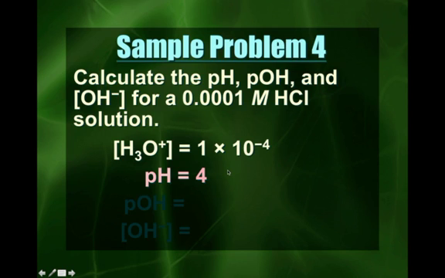Okay, so I found the pH. Now I can go from pH to pOH, because what is the pOH if the pH is 4? Well, remember what the sum of pH plus pOH must be equal to. It's got to equal 14. So what plus 4 is 14? Well, you guys are smart enough to know that's 10.